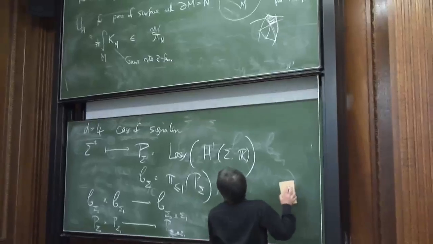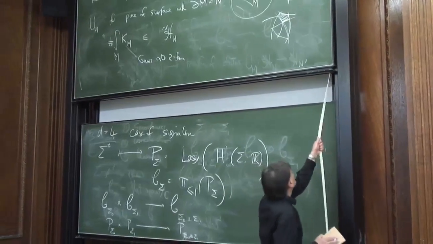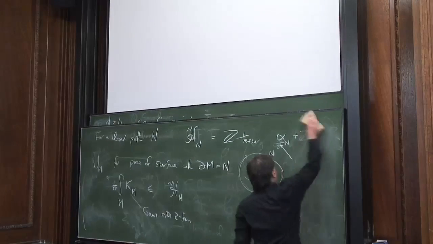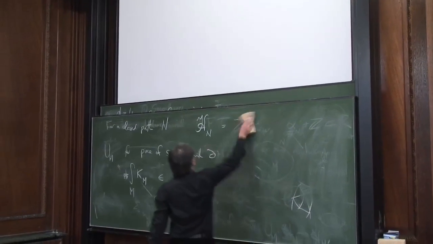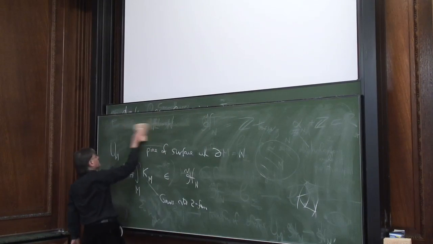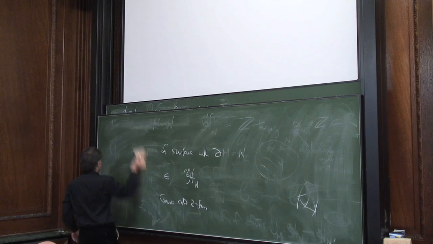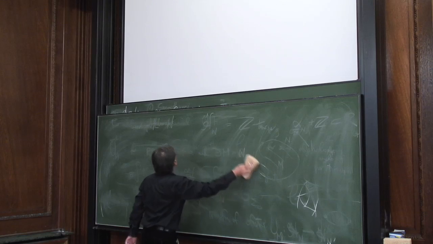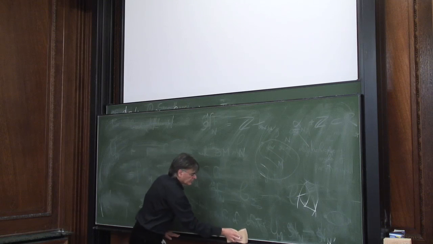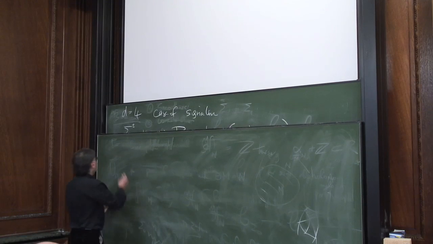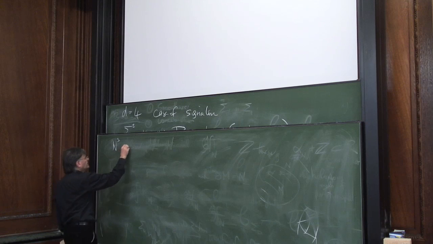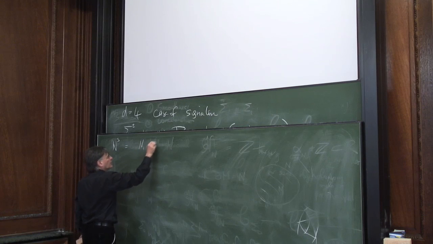But the way that's relevant to the discussion is supposing we have N3, and suppose that N1 and N2 join together along sigma.